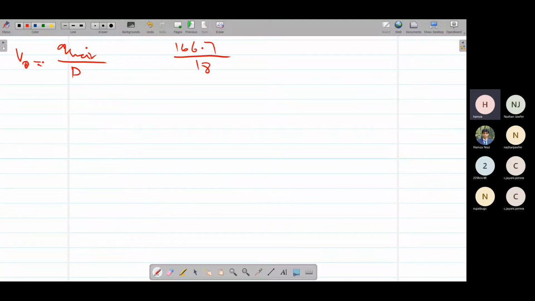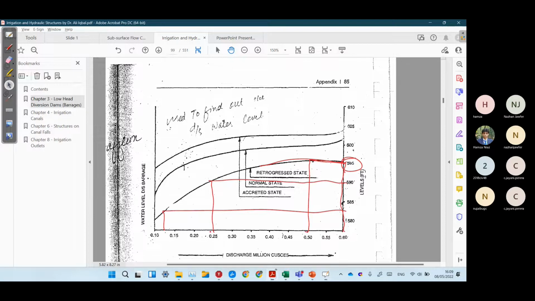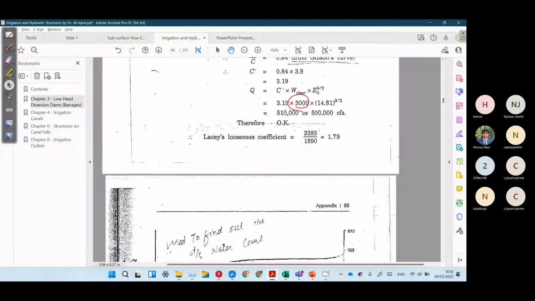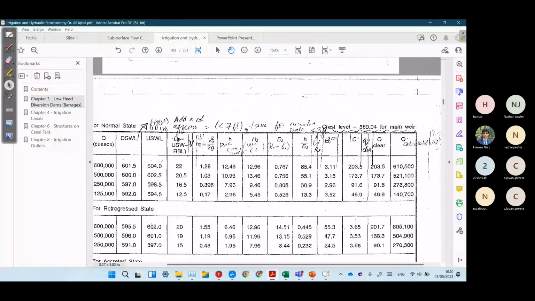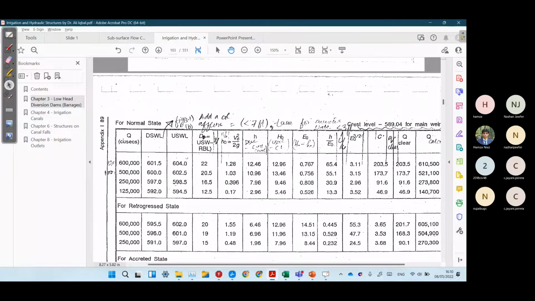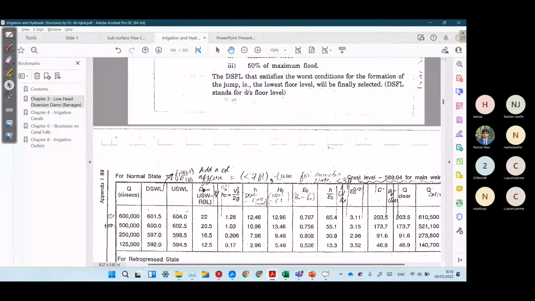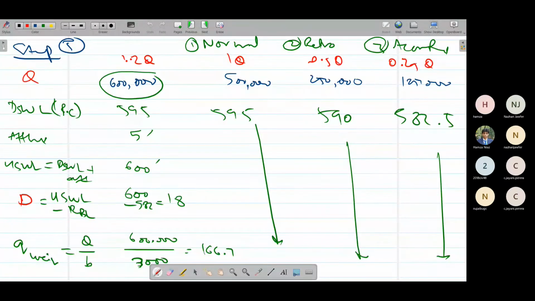Okay, there was a mistake, here we have to use not this 3000 value, because we are using this for the weir only, so we have to divide by 3000.